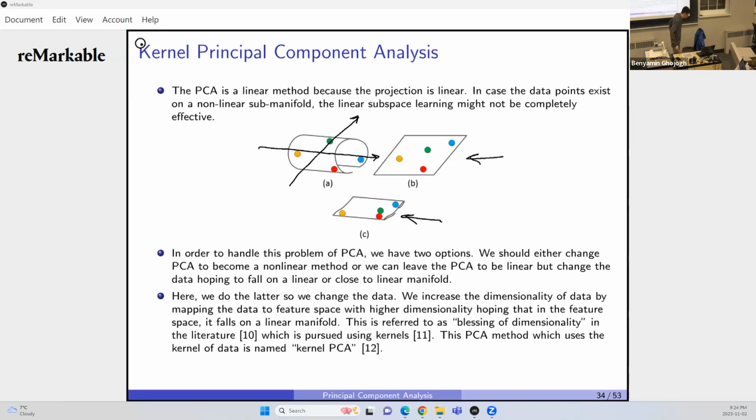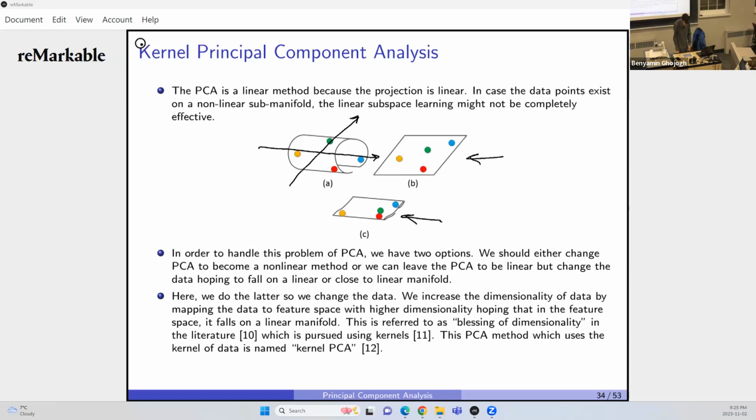By the way, I have said this once previously. When I have nonlinear data, I either should design a nonlinear algorithm, or I transform my data, hopefully it becomes linear, and then I use a linear algorithm. Kernel PCA is the second case. Hopefully I transform my data, it becomes linear, and then I apply PCA. But this is not stage-wise. They mix these two together: transformation and applying PCA together, right?